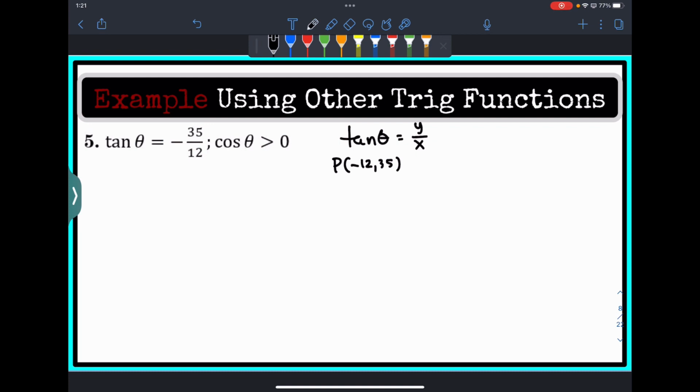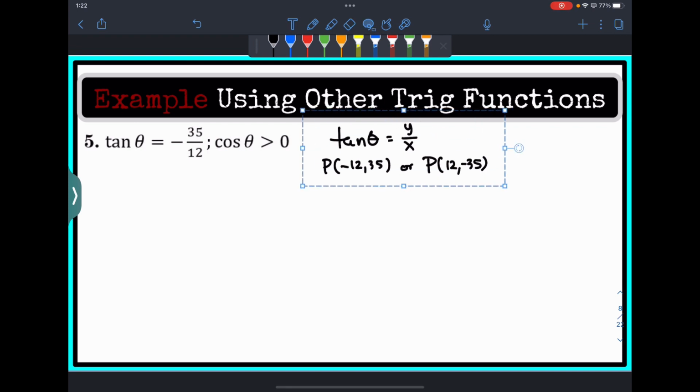Or it could possibly be that the point is a positive 12 and a negative 35. Because again, dividing a negative y by a positive x gives us again a negative 35 over 12. So these are the two possible points for where our angle is going to finish.